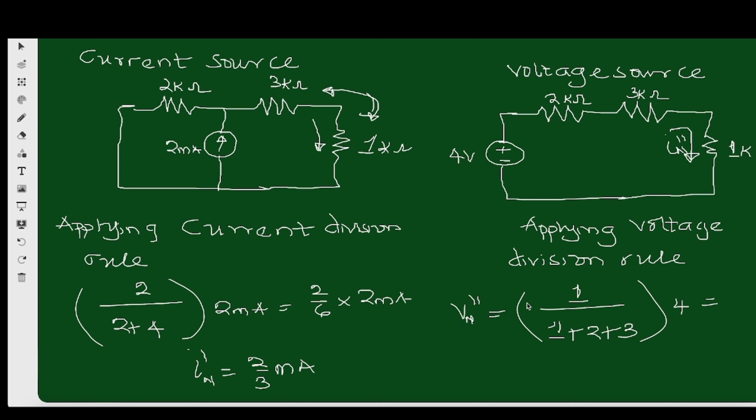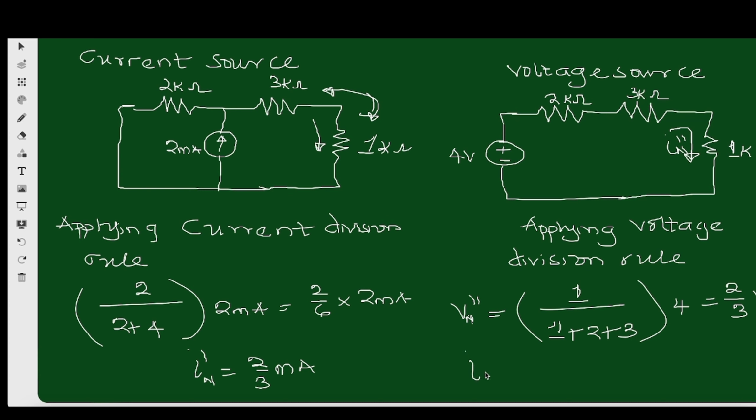Vn prime prime, or Vth prime prime. Let me just use Vn prime prime. That's 4 over 6, which is 2 over 3 volts, right?